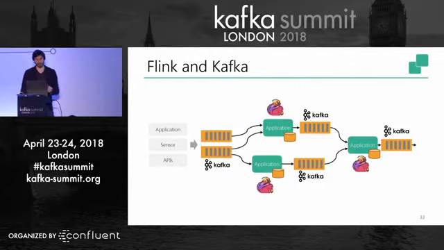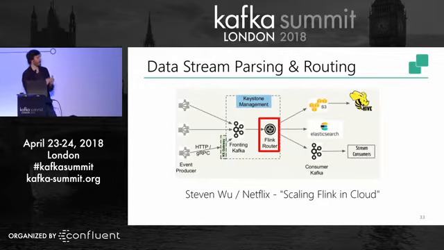Let's make a few very concrete examples, and these are taken mostly from presentations at other conferences where users spoke about Flink and Kafka. So we already had this one here: data stream parsing and routing. Flink basically takes the raw data from Kafka and distributes it across different systems.